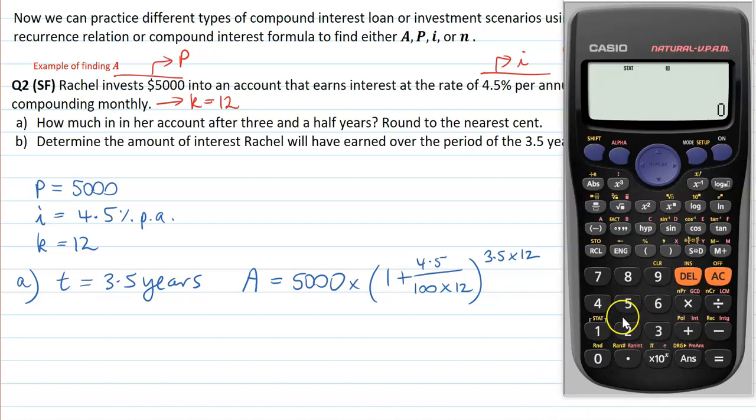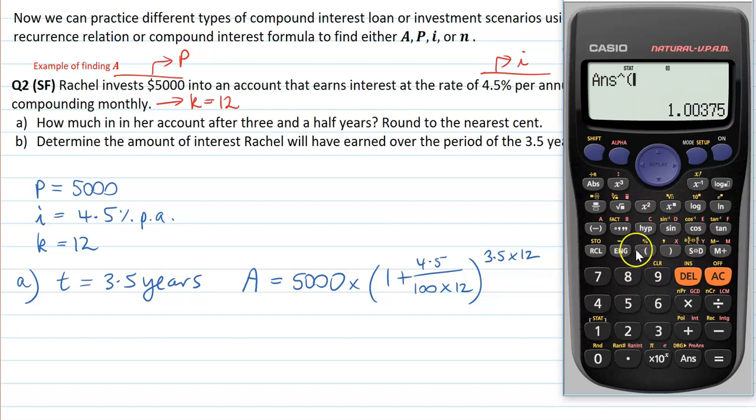I like to start with what's in brackets first. So I just put in the 1 plus 4.5 divided by 100 by the 12. Okay, then I'll work with indices next. So as you can see, I'm following the BIMDAS protocol.